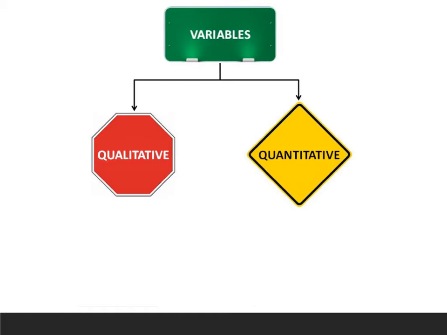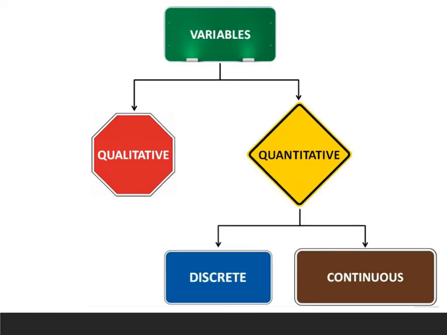If something's quantitative though, I've got a little caution sign here because we're not going to stop at that point. Quantitative is actually broken down into 2 further possibilities, which actually gives us 3 different places that we could put a certain variable or type of data. And so when we want to break that quantitative down, we have discrete or continuous.